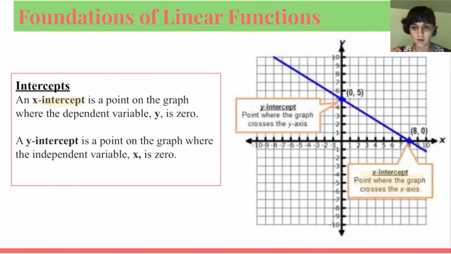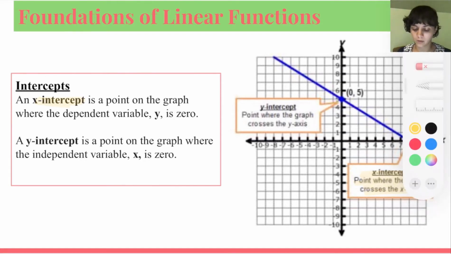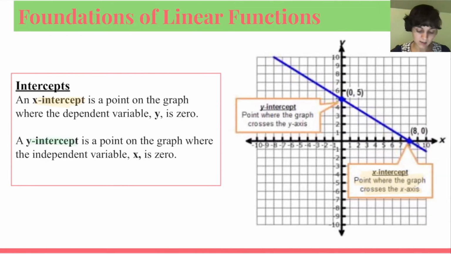It's where the graph crosses the x-axis, but it also means that the dependent variable y is 0. And then for our y-intercept, yes, it is true that a y-intercept is the point where the graph crosses the y-axis, but it's also important to know that it's the point on the graph where the independent variable x is 0. Okay, so those are 2 aspects that are important to remember about our intercepts.